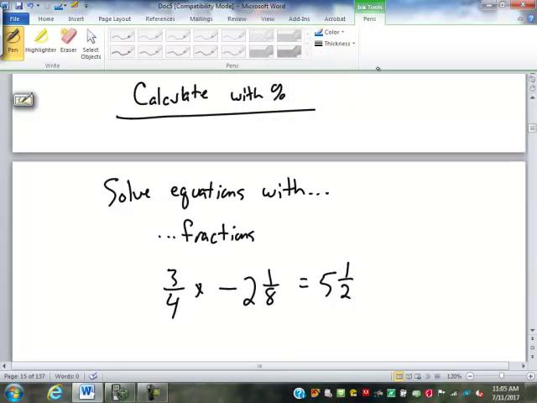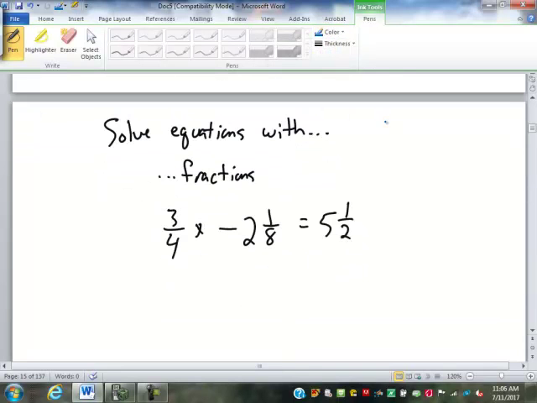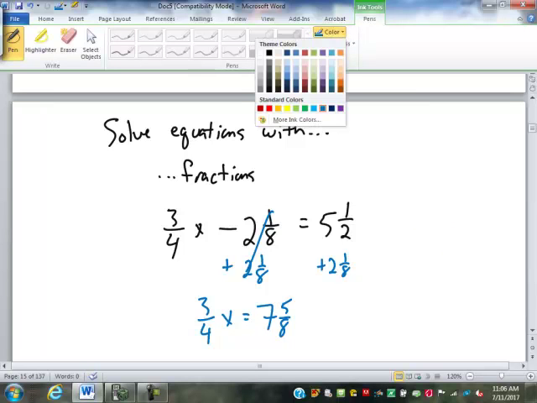How do we solve that? Add 2 1/8. So 3/4 x equals 7 5/8. 5.5 plus 2 1/8 is 7 5/8.